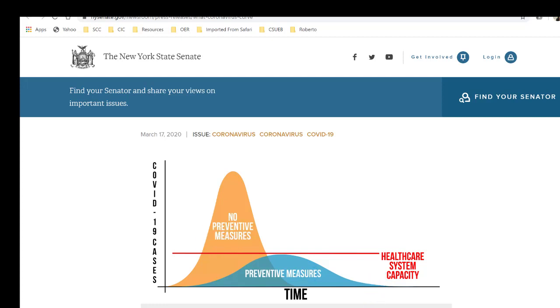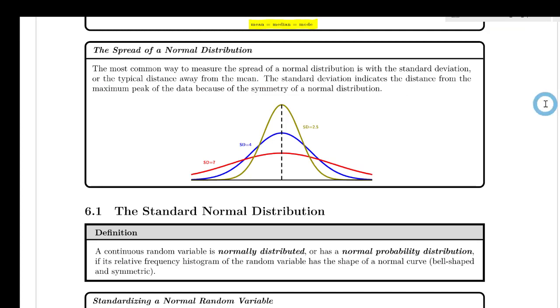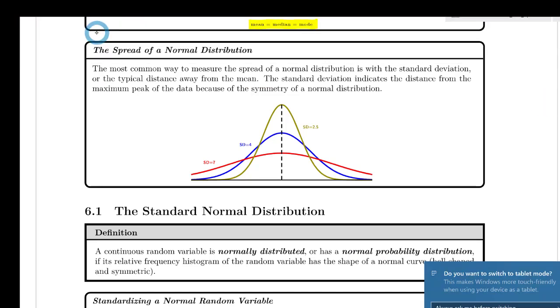Okay, so let's write something. Here we would say that as the standard deviation gets smaller, the higher the peak.